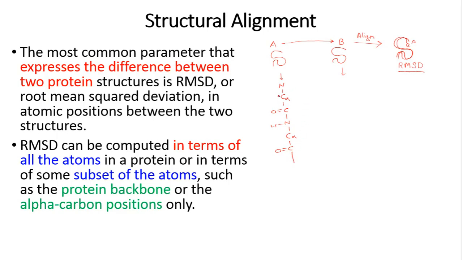Let us assume that at the very first position you have a CH3 group over here, and therefore this amino acid residue would be alanine.